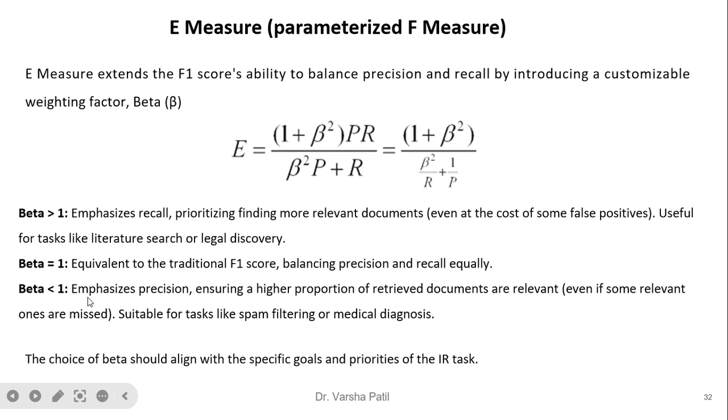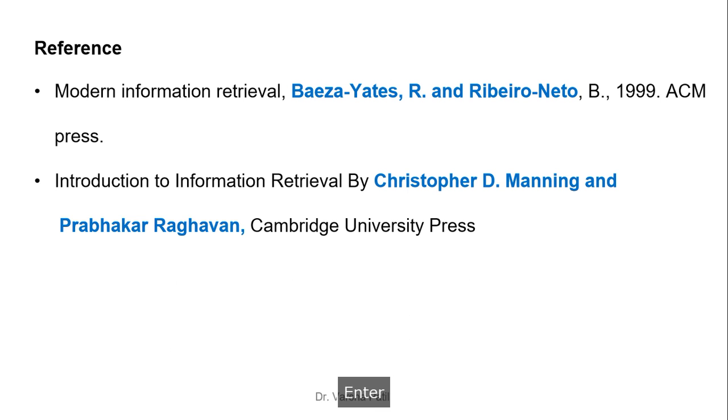When beta is less than 1, it emphasizes precision, ensuring a higher proportion of retrieved documents are relevant, suitable for spam filtering or medical diagnosis. So based on our application need, we tune this beta parameter to get good results. Therefore, the choice of beta should be aligned with the specific goals and priorities of the task.